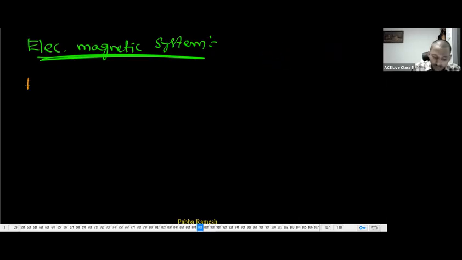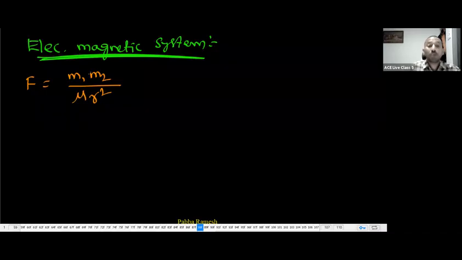Same thing: F is equal to M1 M2 by mu R square. There, Q1 Q2 meant static charges; here M1 M2 mean pole strengths, north pole strength and south pole strength, or both north or both south. It may be an attractive or repulsive force. Simply M1 M2 by mu R square.